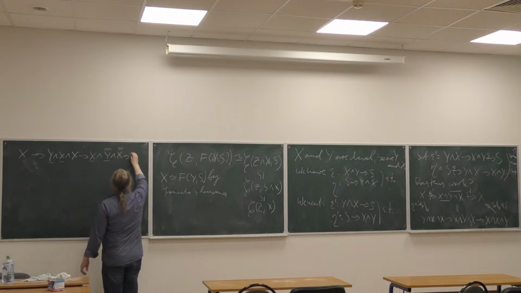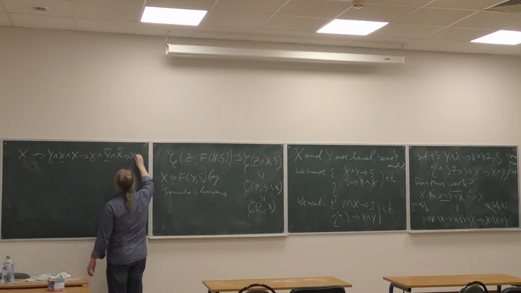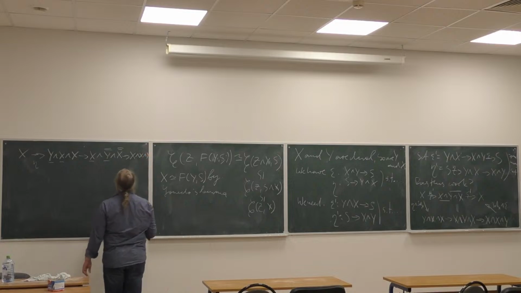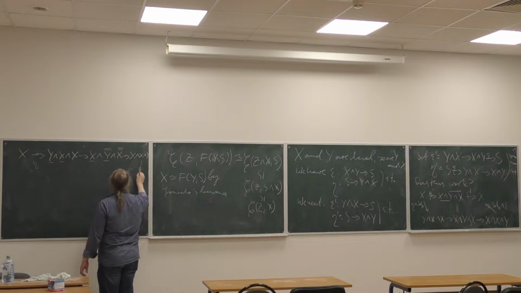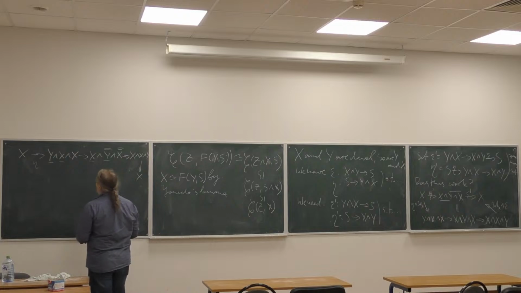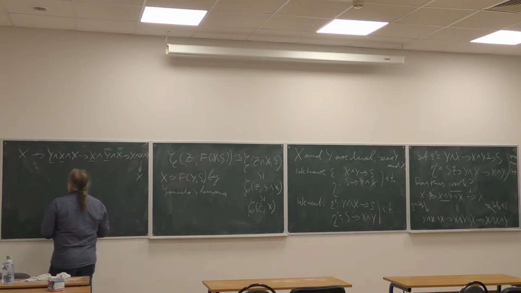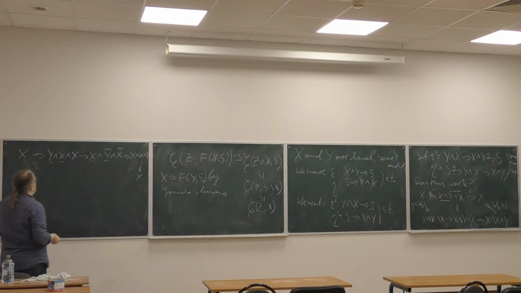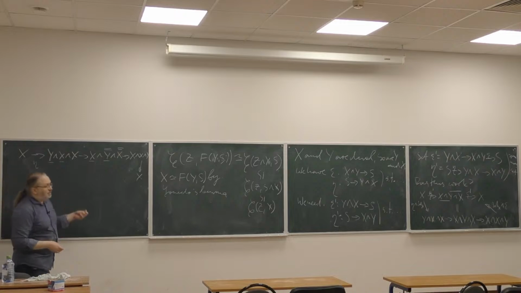I swap them again. X, x, y. And then I use epsilon. Okay, so there's an eta, there is an epsilon, but there are plenty of swaps. So what do we do?